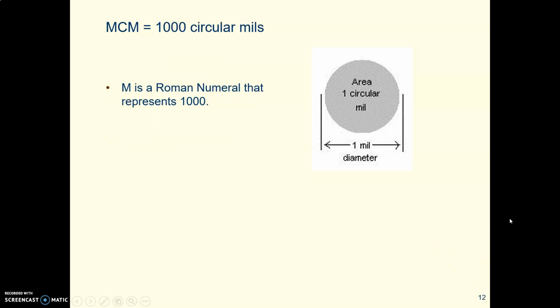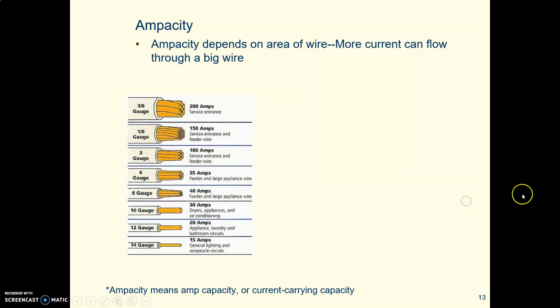If you have a really big wire and it has 1,000 circular mils of area, we write MCM. This is an old-timey system left over from Roman numerals. In Roman numerals, the letter M represents 1,000. So old-timers and modern electricians say MCM to mean 1,000 circular mils.